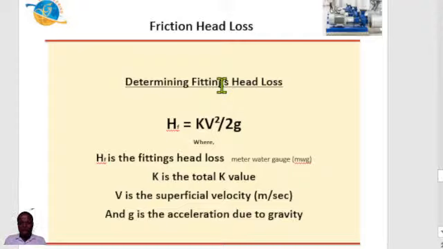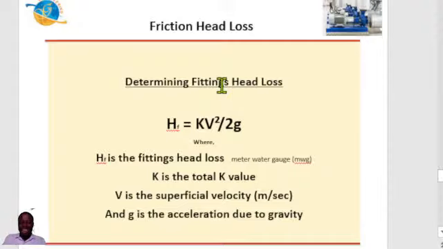Alright, so you multiply the number of each type of fitting by the corresponding K value. After you've gotten all the numbers, let's say you have 5 valves. What is the K value of each of the valves? Multiply it by the number of valves you see on the relevant suction or delivery line of the pumping system.